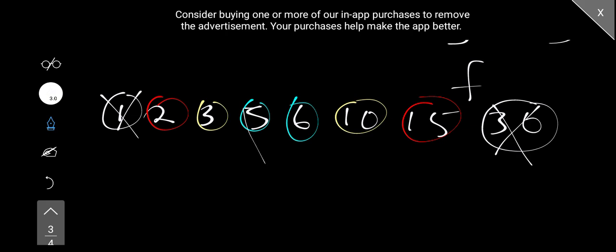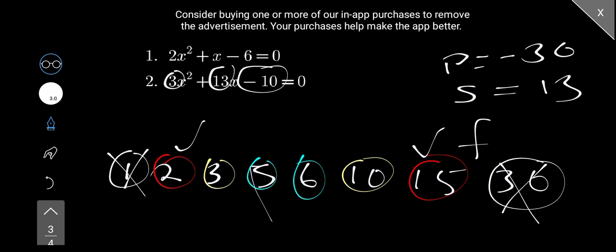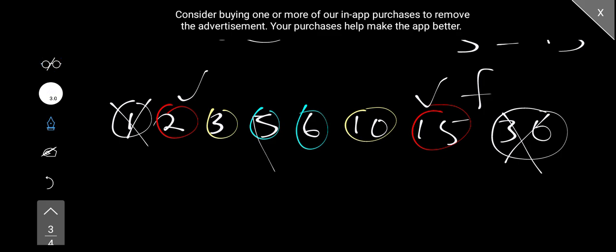2 and 15 can give us 17 when we add. When we put a negative to 2, it will be positive 13. So we have what to use. Let us try 3 and 10. When we add them, they'll give us 13, but when we multiply, they will not give us negative 30. So disqualified. Then we know that no matter what we do to 5 and 6, we can't get 13 after adding.